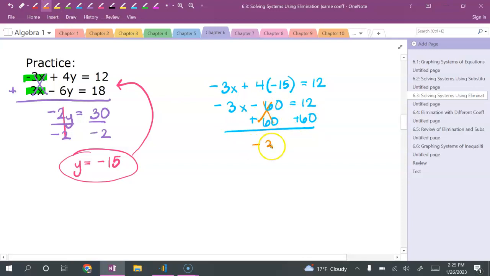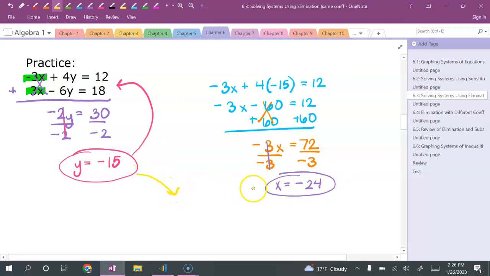And so I have negative 3x equals 72. Then I divide by negative 3 on both sides. And so I got x equaled negative 24. The last thing we should do is write this as an ordered pair. So that should be negative 24, negative 15.